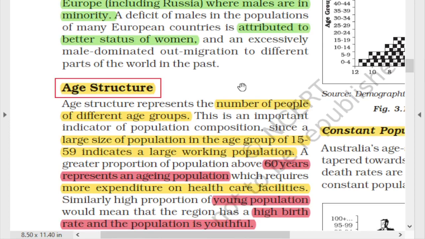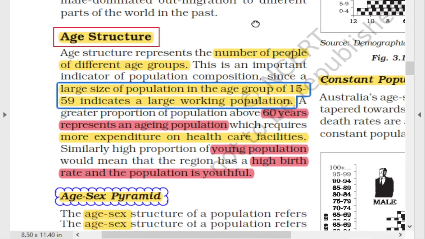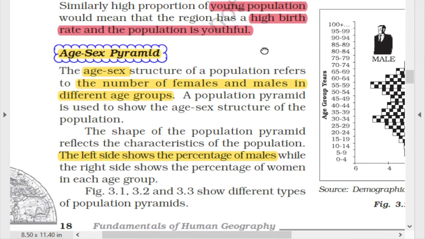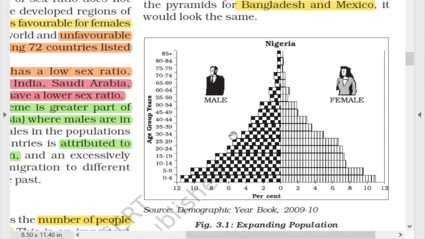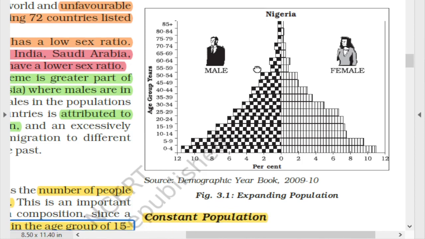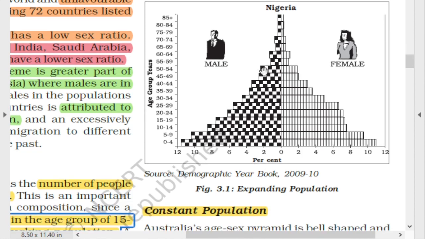And in the age structure, there were some pyramids. We had studied three types of population. The first one was the Nigerian population. It is the expanding population. Expanding population means an area where the population is expanding. In this demographic type, the old population is less and the young population is higher.